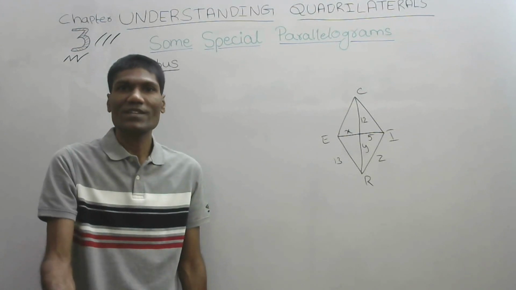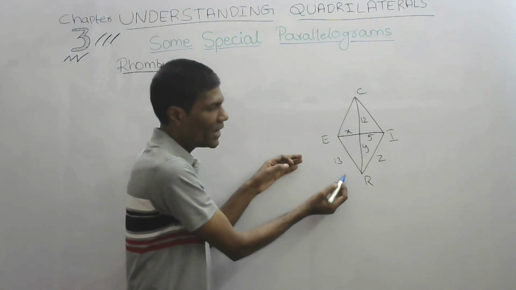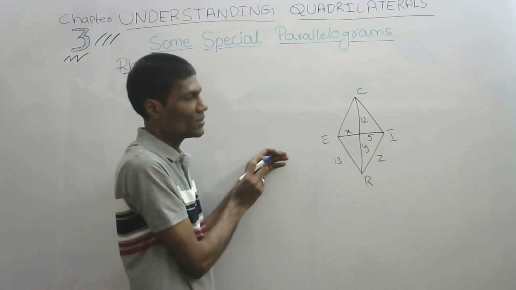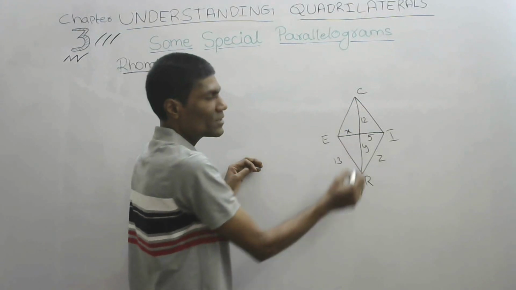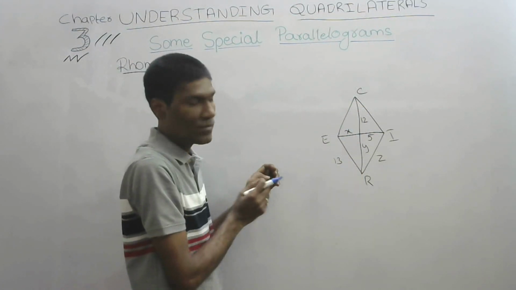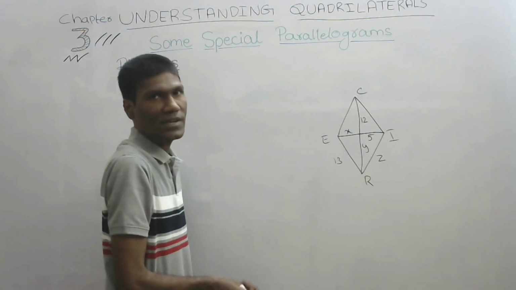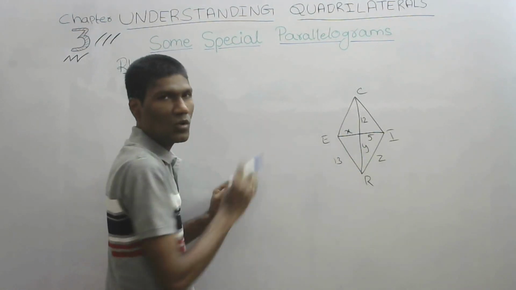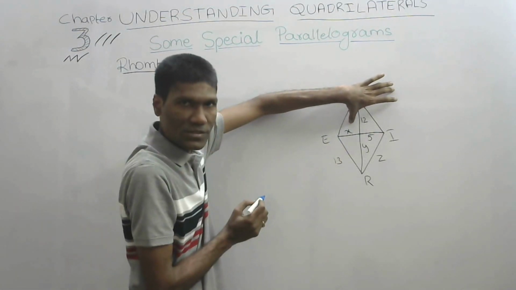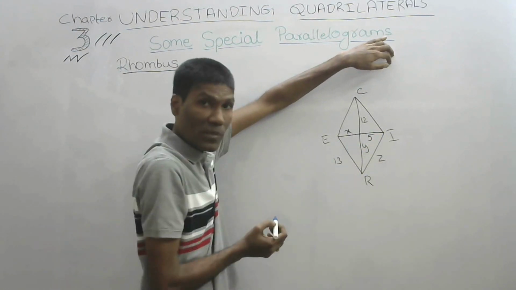Let us understand this by one small example. RICE is a rhombus and the diagonals bisect each other perpendicularly. Now we will find the values of x, y and z by using our known properties. How do we find the value of x? We know that these are perpendicular bisectors.